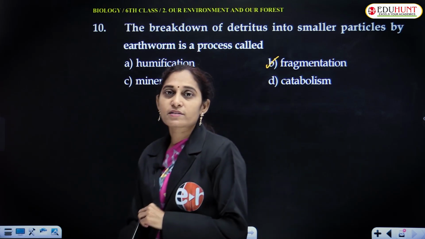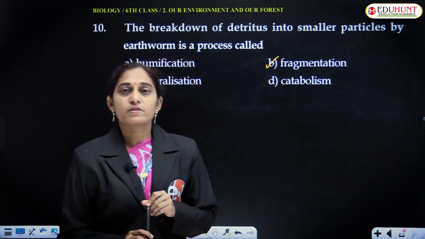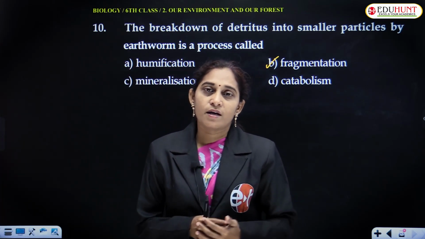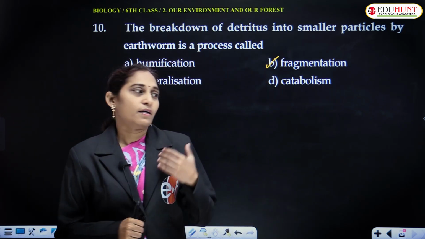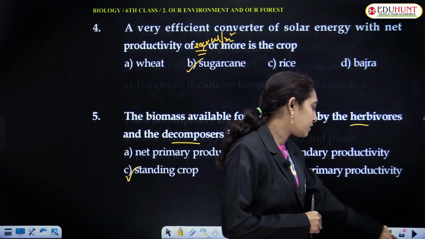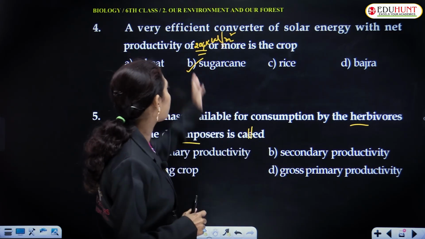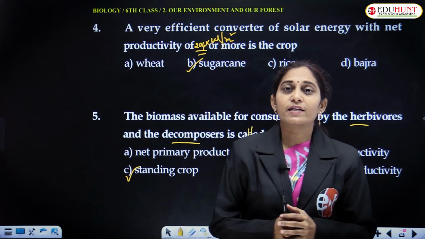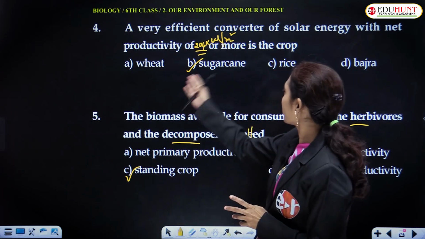With this, I have finished my session, my dear students. In this session, we have learnt about gross and net primary productivities and questions based on them, how much energy is trapped by the plants, and which crop can fix high energy and is more efficient in converting solar energy into chemical energy, that is sugarcane among these four.